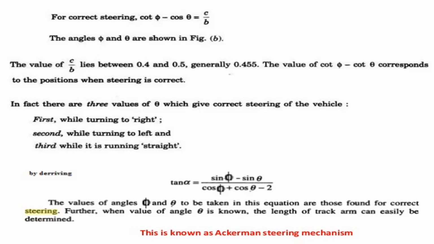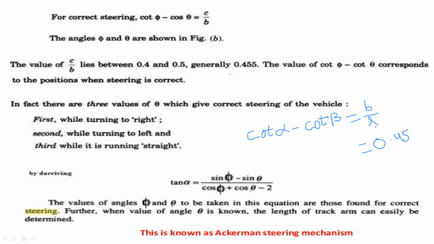The Ackermann steering mechanism can be written as cot alpha minus cot beta is equal to B by L. The value I am getting is 0.45.